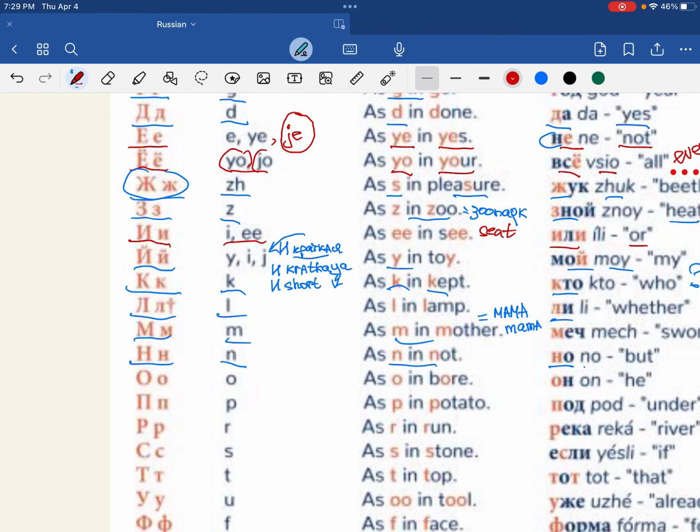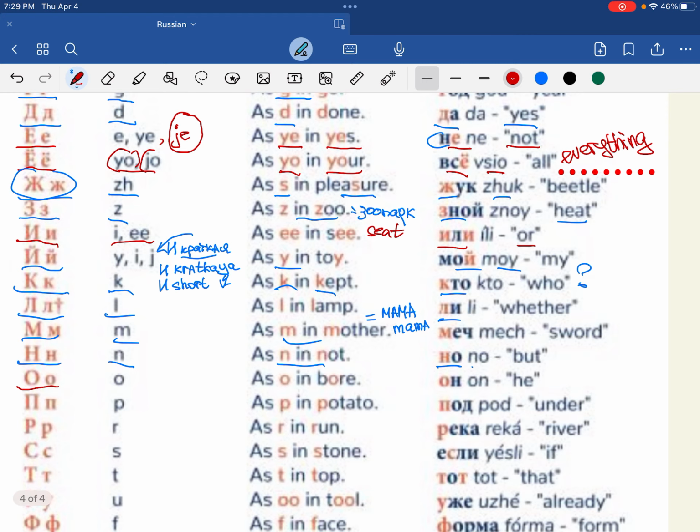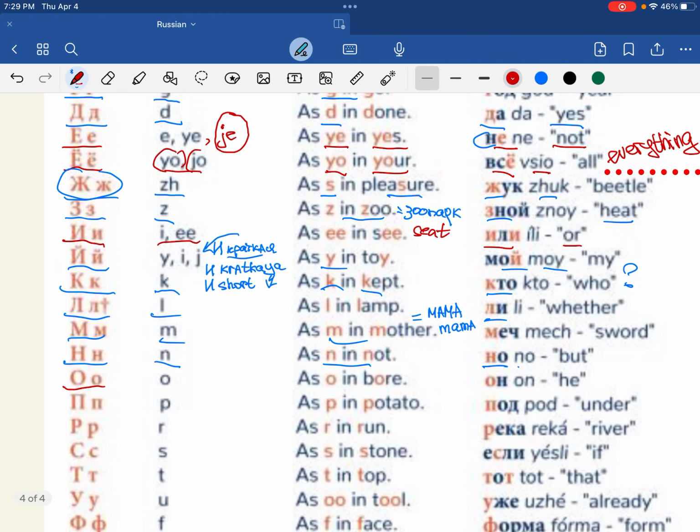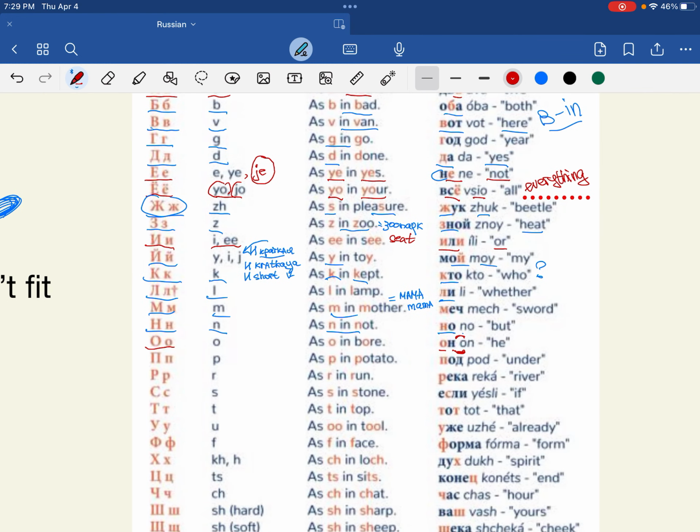The next letter is a vowel, O. It's pronounced like O, and in English it would be pronounced like O in bore. A new word in Russian is он, which means he. Please don't confuse the transcription and the meaning of this word in Russian, because these words have completely different meanings.